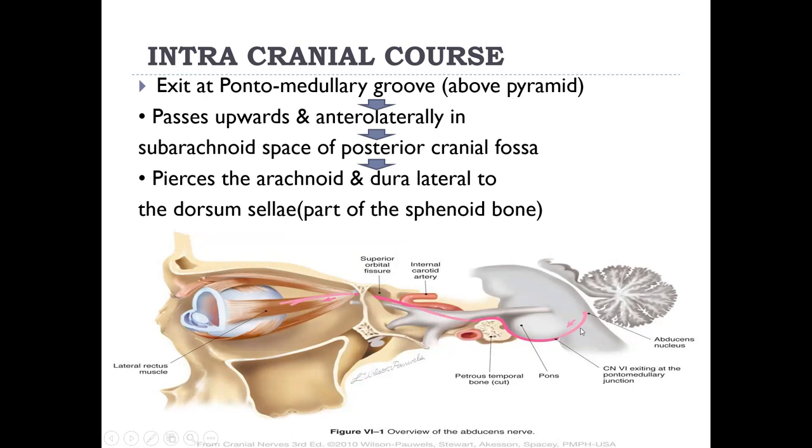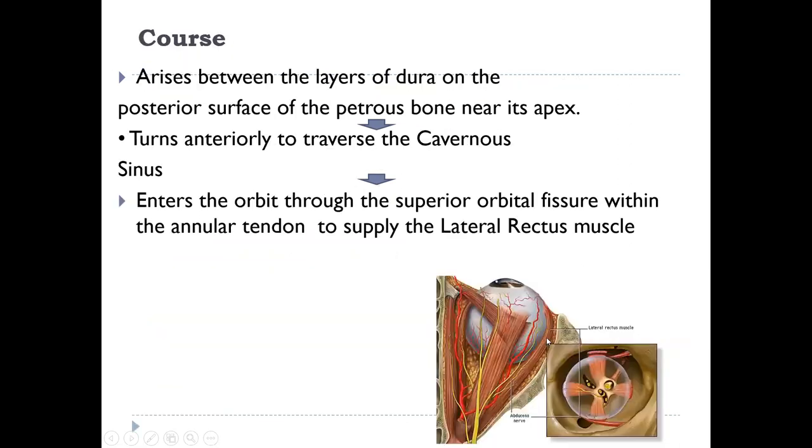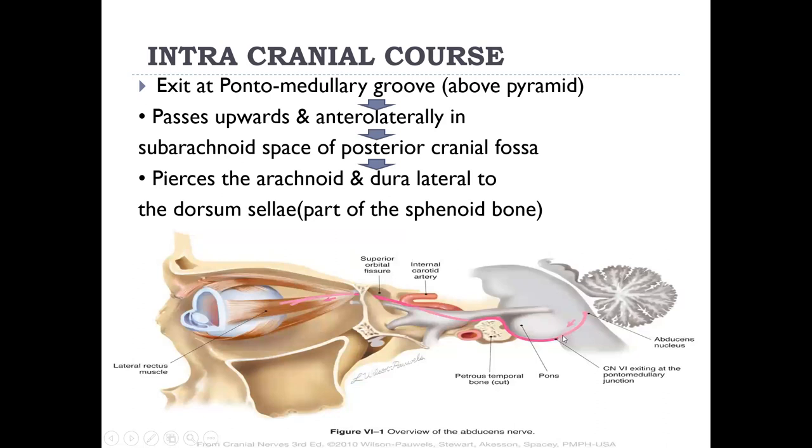So in this diagram, we can see this abducent nerve coming out of the pons through the pontomedullary junction, or the groove, and then you can see it winding up. It is winding up because of the clivus bone which is lying in front, and then it has to pass anteriorly, where it enters the cavernous sinus.